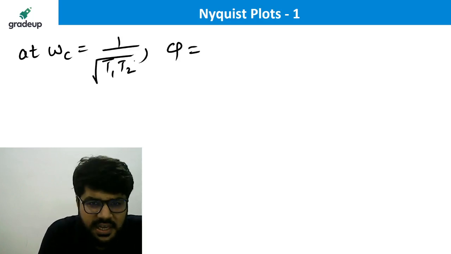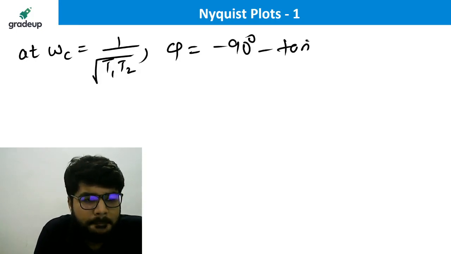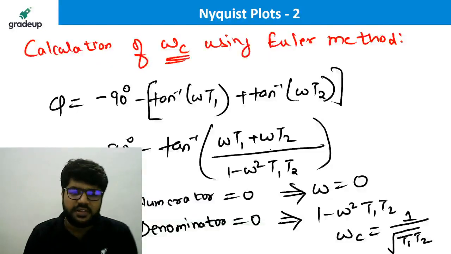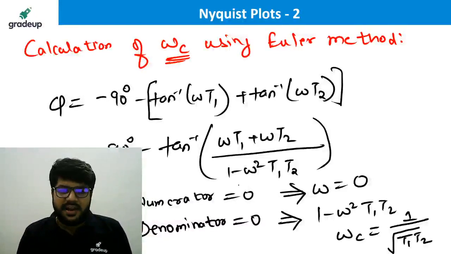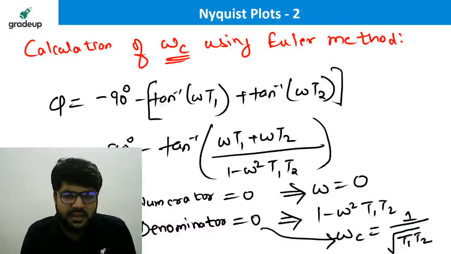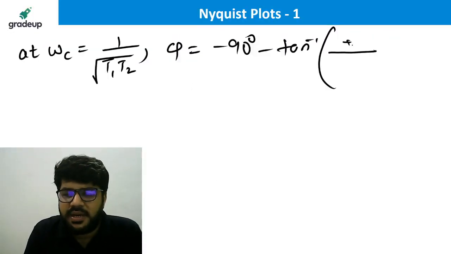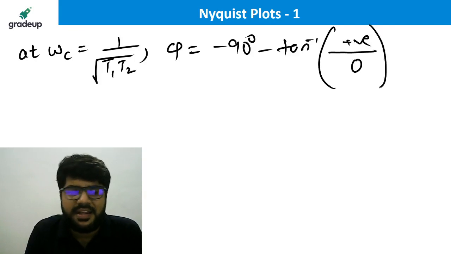What is the phase? Phase is minus 90 minus tan inverse of, just follow with me, some numerator divided by 0. Denominator ko 0 karke toh ye equation aaya hai. So some numerator which is positive divided by denominator which is 0. That is how you got the critical frequency.